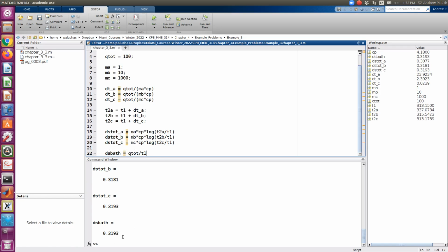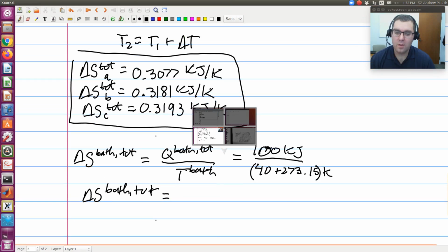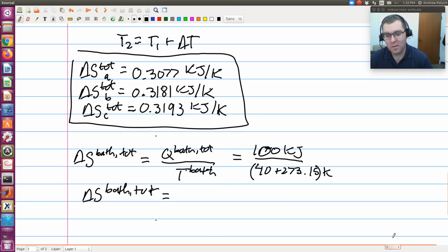If I assume the bath, then the change in entropy of my bath is 0.3193, which agrees exactly within four digits with the change in entropy for case C, for which we had a change in temperature of 0.0239 Kelvin. So for my bath, using four decimal places, I get 0.3193.